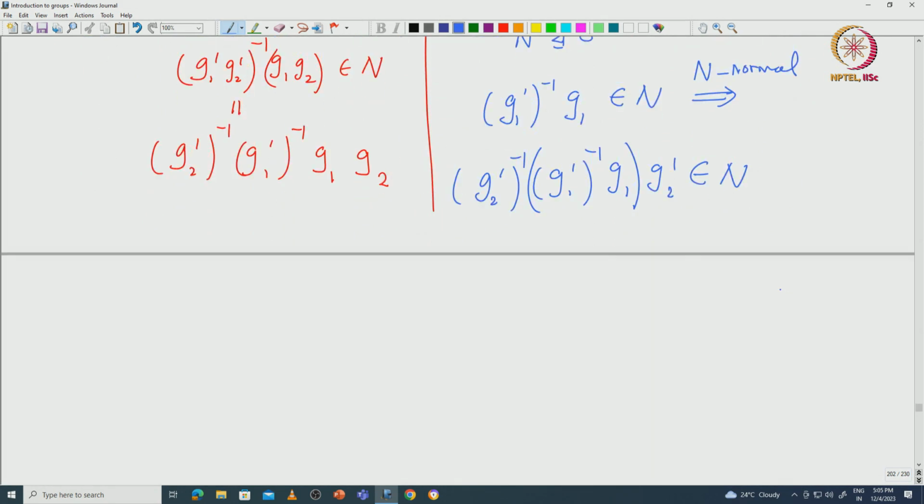Now from this, how do you get this element? That is what we have to see.